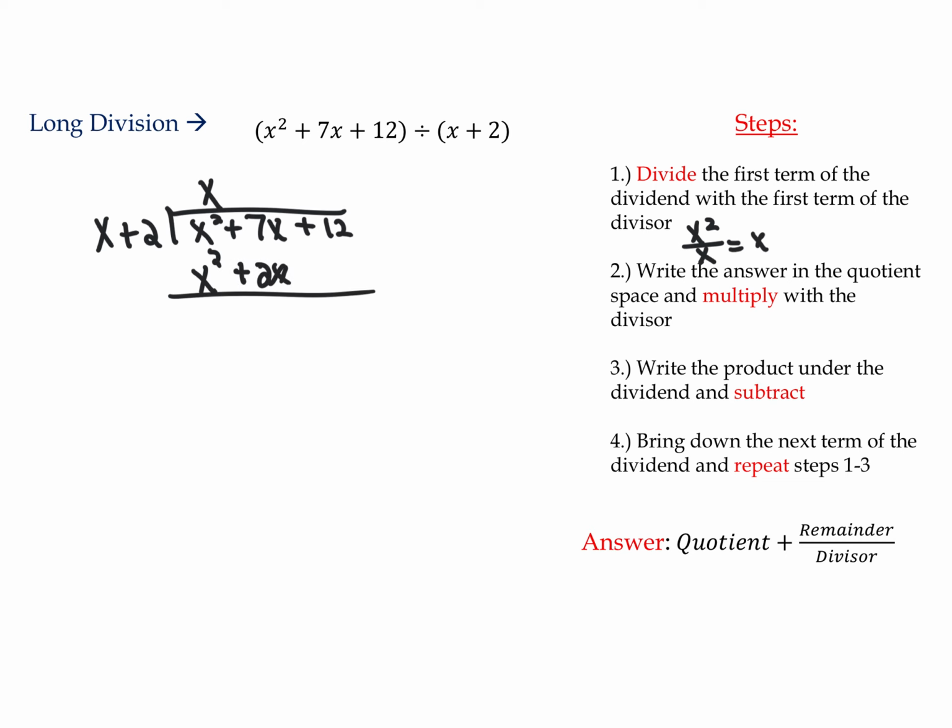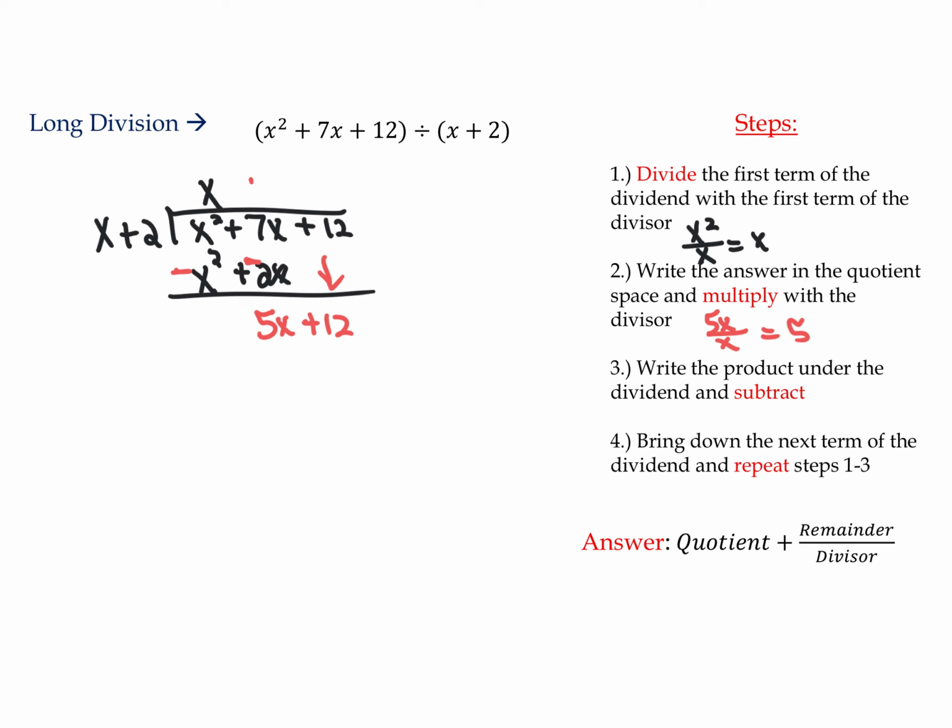We are going to subtract, which means that we are doing the opposite. And when I simplify, the x squareds cancel out. 7x minus 2x is 5x, and I bring down the plus 12. I go through the same process again, and this time I'm going to take 5x and divide it by x, and that is equal to 5.